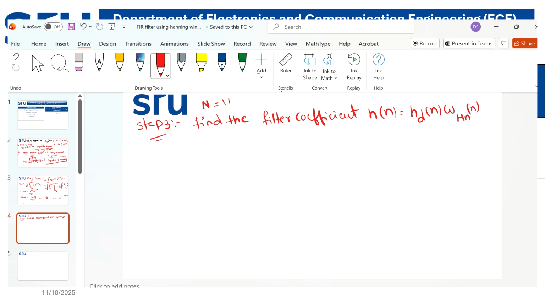Now individually find out hd of n, sin n pi by 2 over n pi, for the n value between, because it is symmetric in nature, 0 to N minus 1 by 2. So therefore if I substitute the order of the filter, then it is 0 to 5.